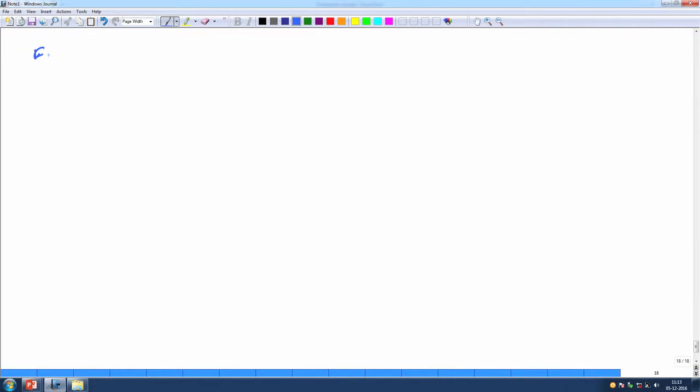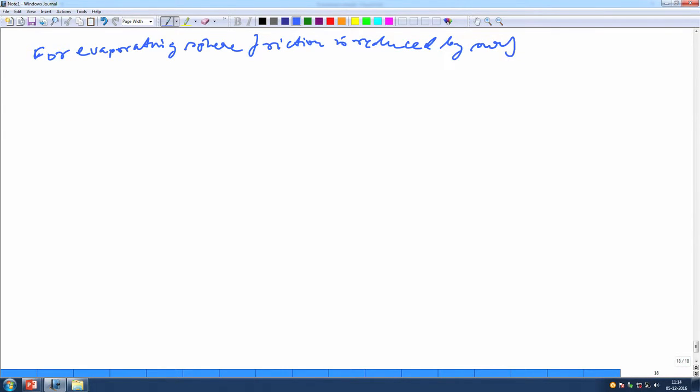So, for an evaporating sphere, this was non-evaporating, for an evaporating sphere, friction is reduced by surface blowing. The friction is reduced. So, your Cf will be 12.69 into Reynolds number to the power of minus 2/3, sorry, I started with the wrong expression.